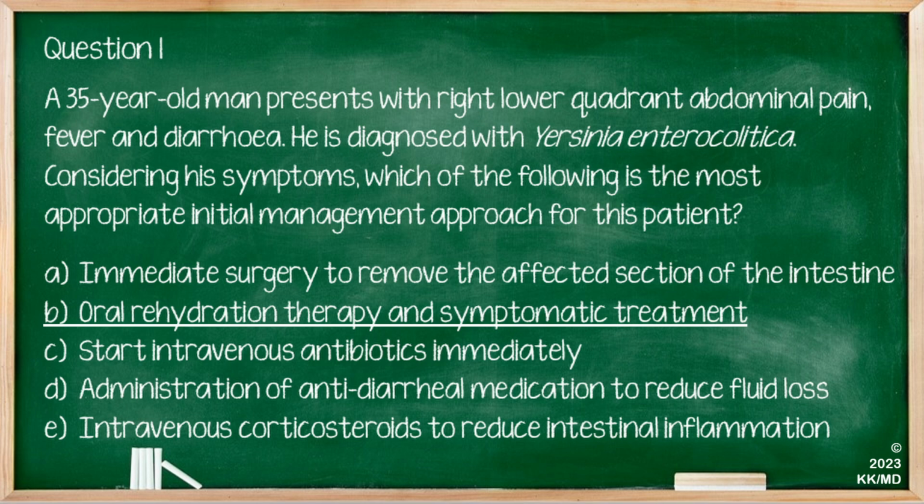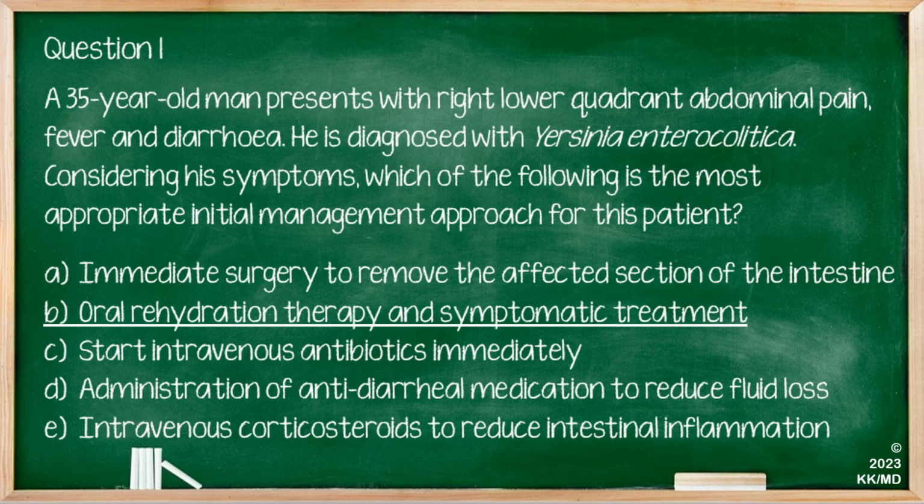We have already discussed why option C and option A are not going to be correct. It might be tempting to pick option D as a way to reduce fluid losses. However, don't fall into the trick of using antidiarrheal medication in someone who has an infectious diarrhea.